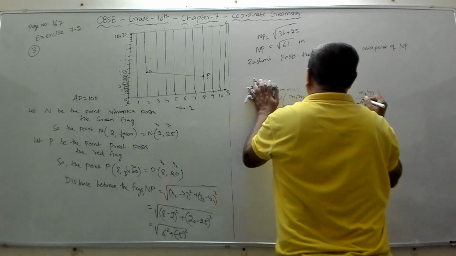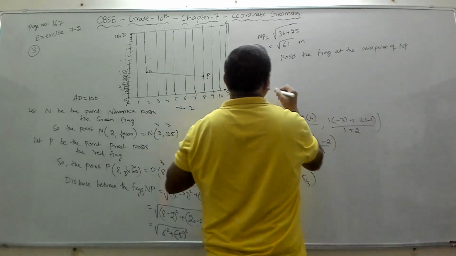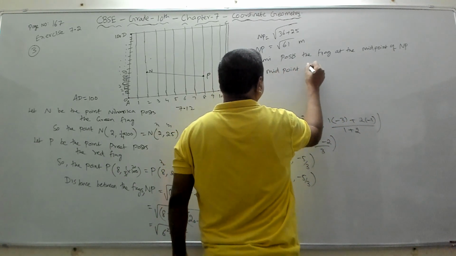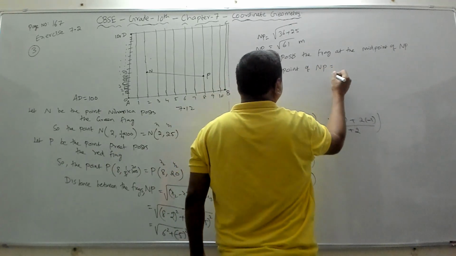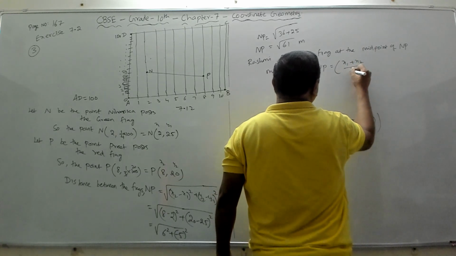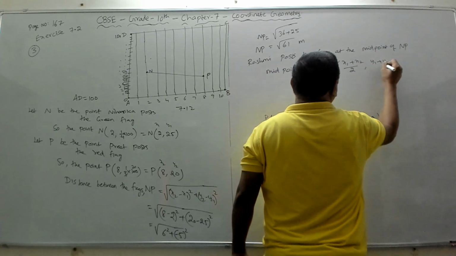Now we should find the midpoint of NP. So what is the midpoint of NP? The midpoint formula is x1 plus x2 by 2 comma y1 plus y2 by 2.